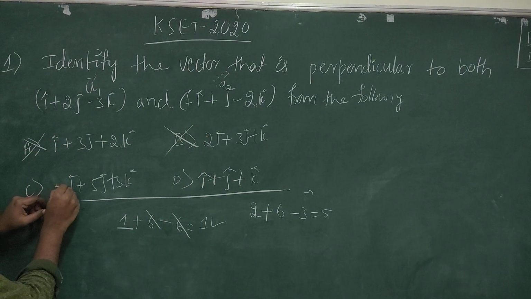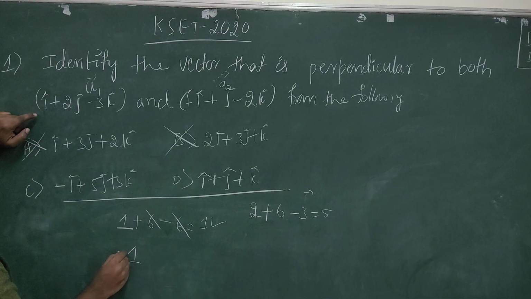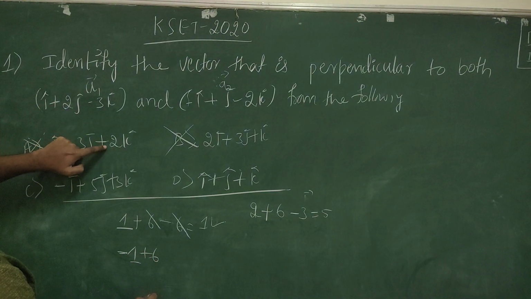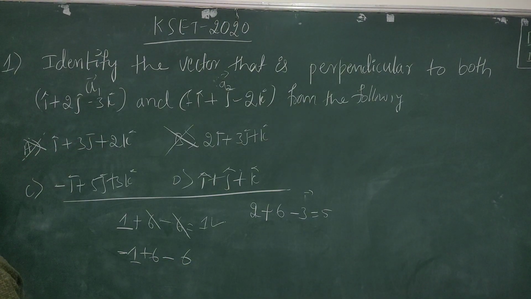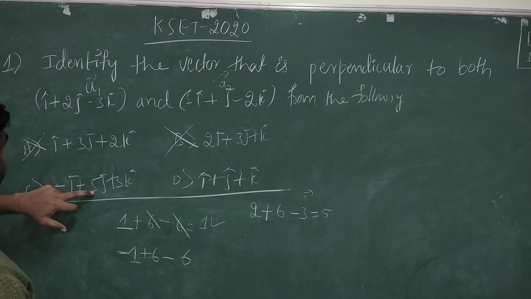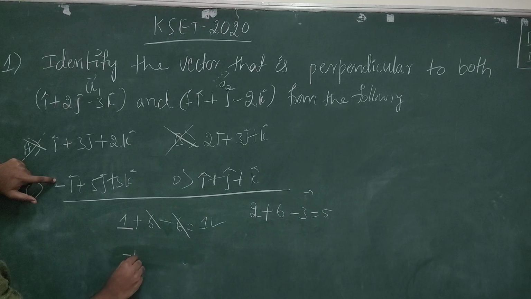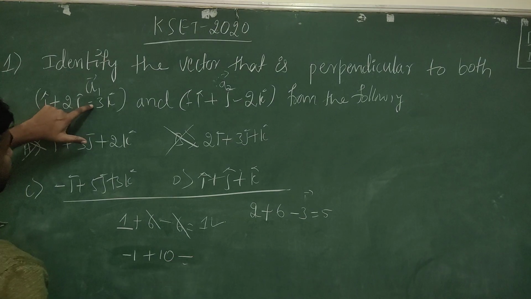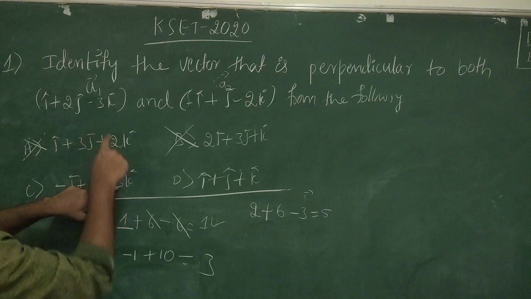Next, option C. I into I is 1, and this is minus 1 because the minus sign is there. 5 2s are 10, and 3 3s are 9.